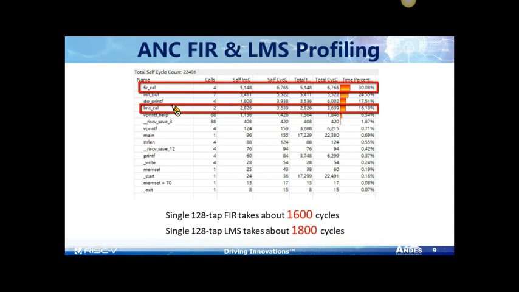It takes about 1,800 cycles. As you can see here, the self-cycle count is around 3,600 cycles, and it's close to 2 times, so just divide it by 2. You will get the number here. Both of the instructions are over the limitation of the algorithm requirements. That's why it's almost impossible to run the noise control algorithm on only one CPU platform.